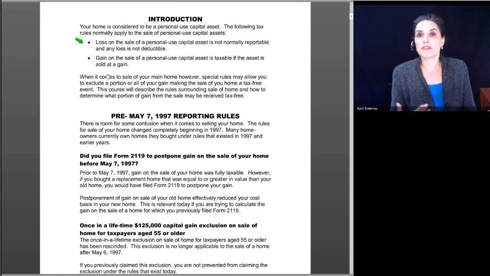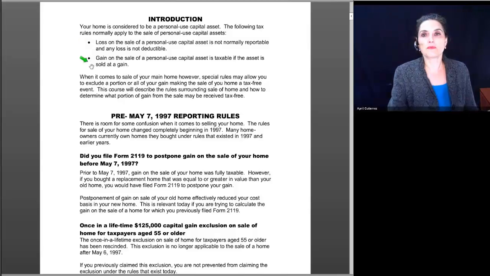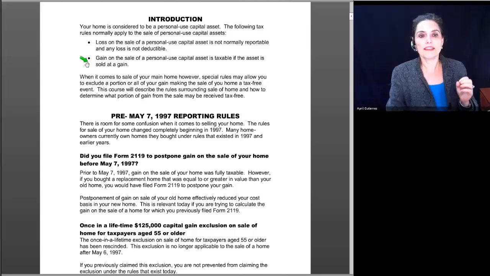But if you sell a personal use asset at a profit, it is taxable. And then you have this rule that says the gain on the sale of a personal use asset is taxable, but if the asset is your home, you might be able to get away from that. So the general rule is when you have a sale of a personal use asset, the loss is not deductible, but any gain is taxable.